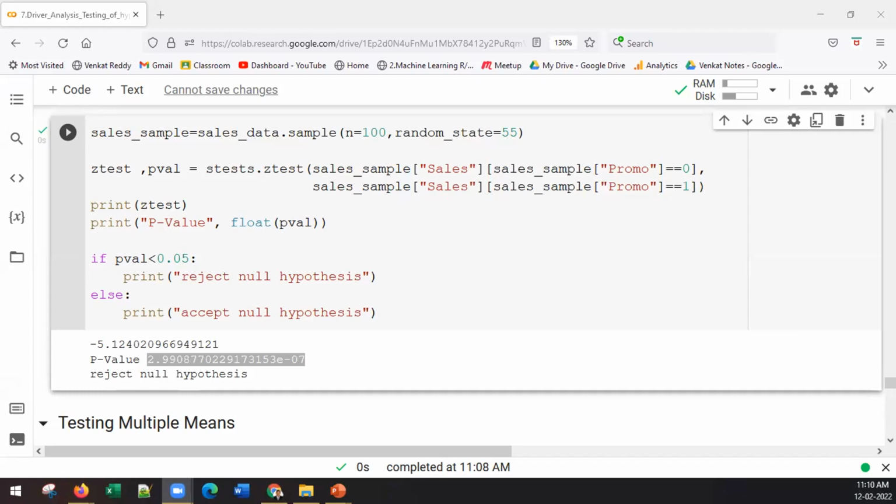Tell me, based on the second test, is there any impact of school holiday, or is the sales same on the holiday versus no holiday case?